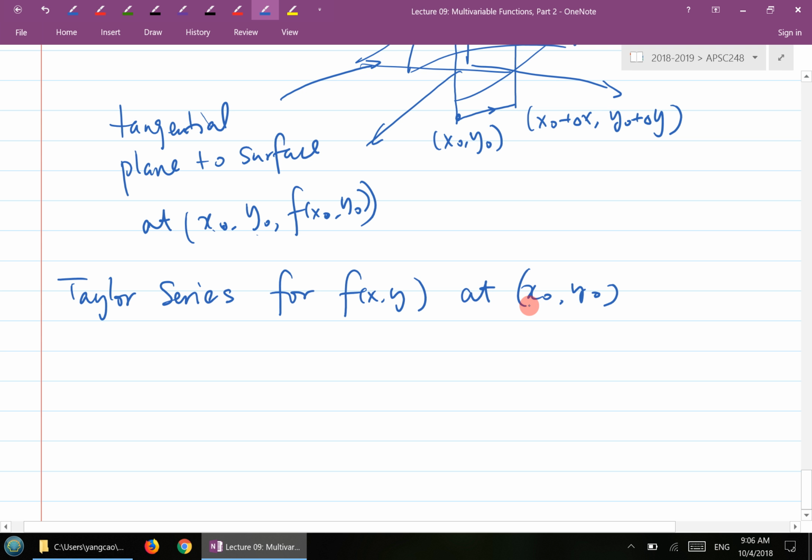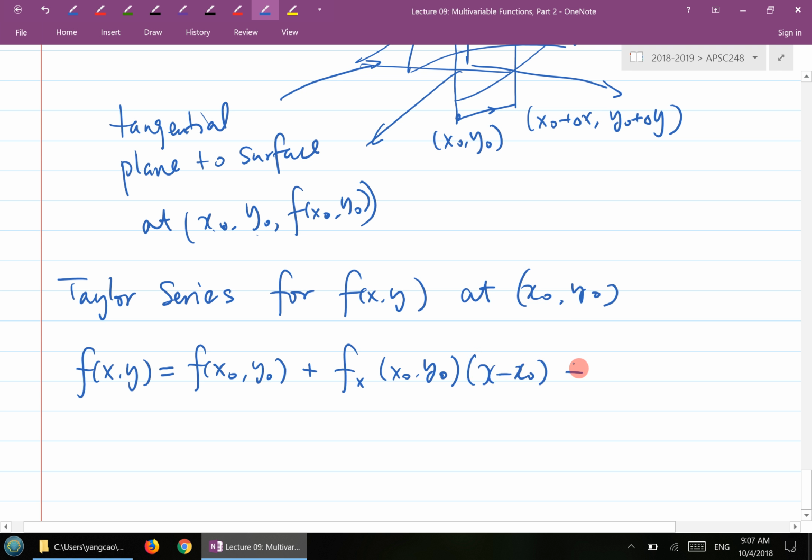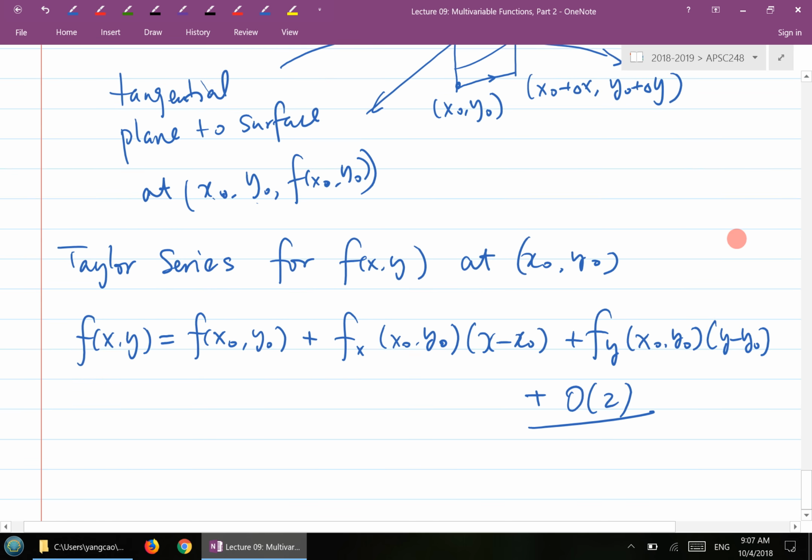I'm going to write it down here. f of x, y equals f of x naught, y naught, plus f sub x at x naught, y naught times x minus x naught, plus f sub y at x naught, y naught times y minus y naught, plus all of the higher order terms. That's the Taylor series expansion for a function of two variables.